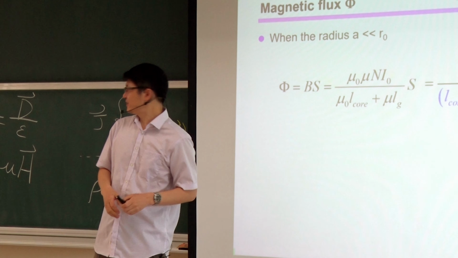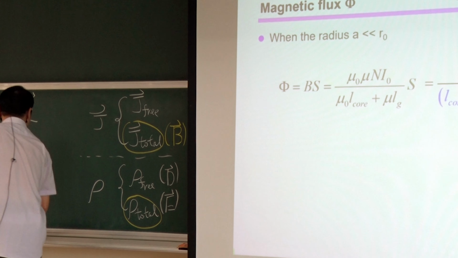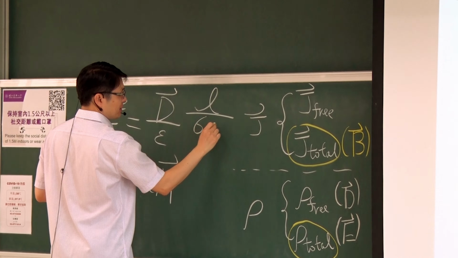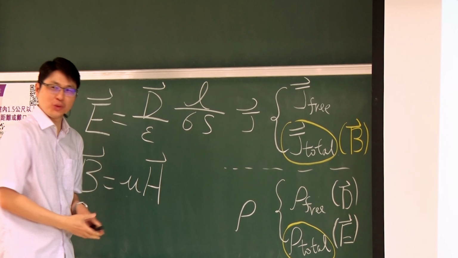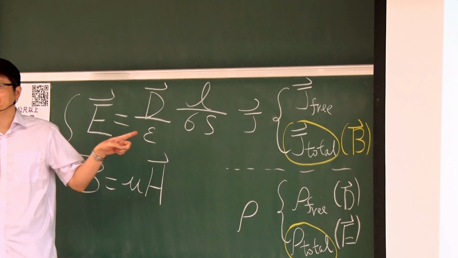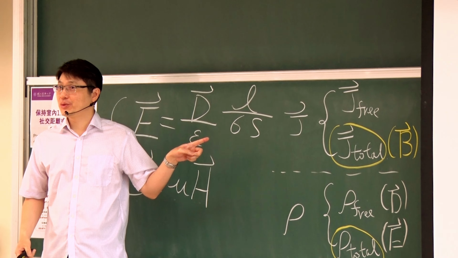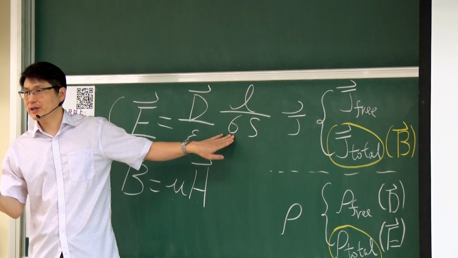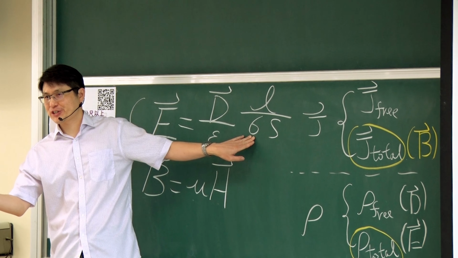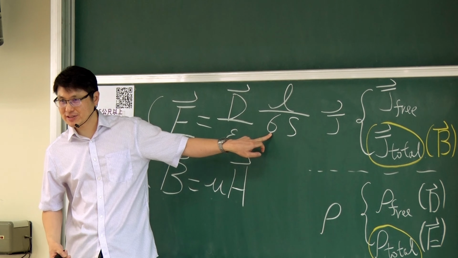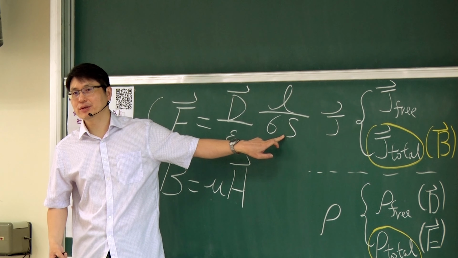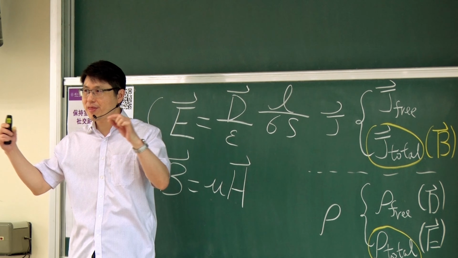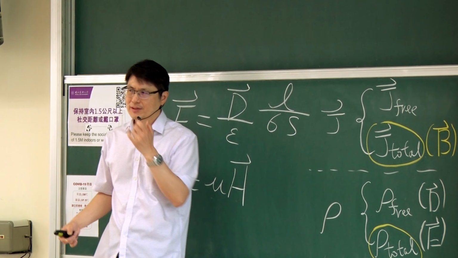L divided by sigma and S. What is that called? Resistance, right? For a conductor, if we know its conductivity, its length, and its surface area, this is called the resistance of that conductor.